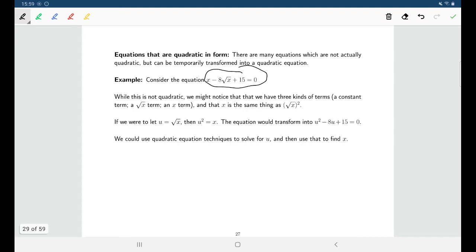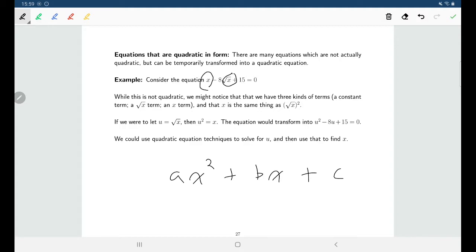But instead, you might notice that this could be transformed into a quadratic equation, because a quadratic equation would be something where we have an x squared term and an x term and a constant term. And we kind of have something similar going on. We do have a constant term, and instead of an x and an x squared, we have a something, in this case square root of x, and that same something that has been squared.